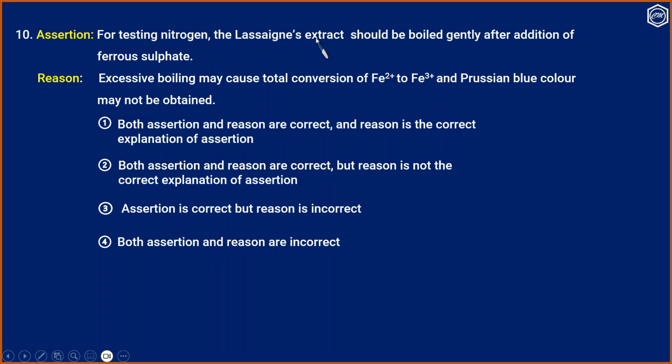In Lassaigne's extract for testing nitrogen, ferrous iron should be there. If ferrous iron is not present, hexacyanidoferrate(II) will not be formed. So therefore, the iron(III) hexacyanidoferrate also will not be formed, and no Prussian blue color may appear.